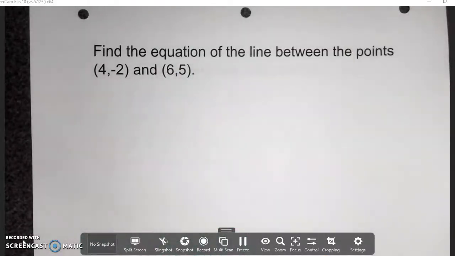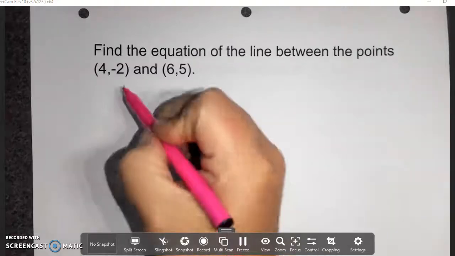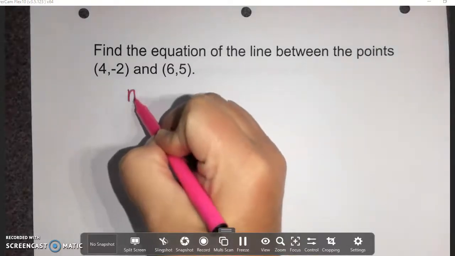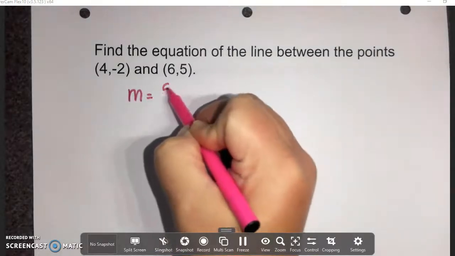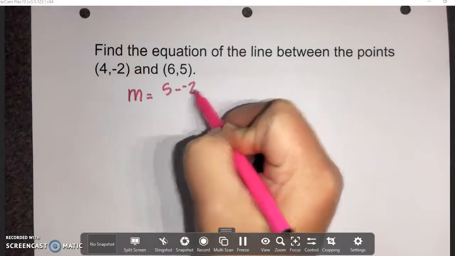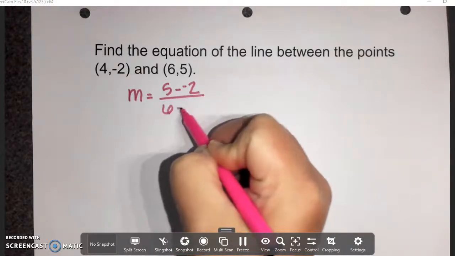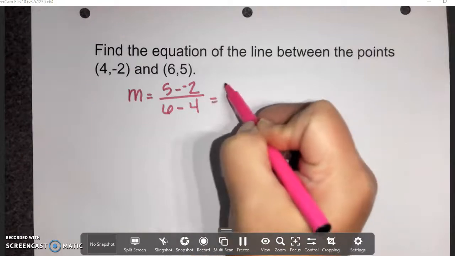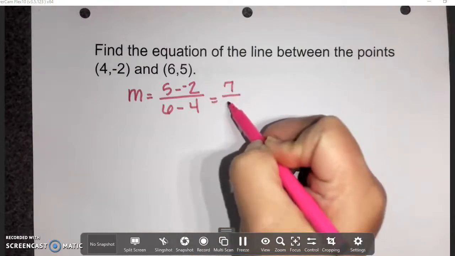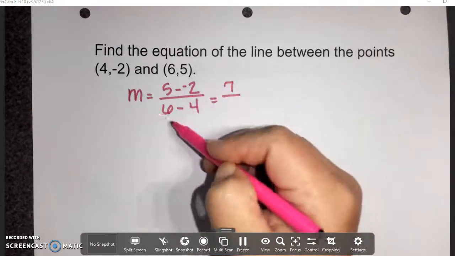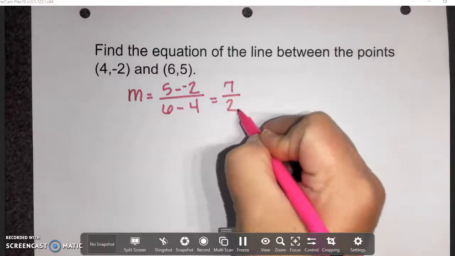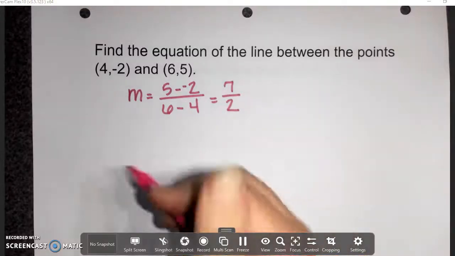Let's do another one. Find the equation of the line between the points 4, -2, and 6, 5. First thing I'm going to do is find my slope. 5 minus a -2 over 6 minus 4. That's 7 over 2. Okay?